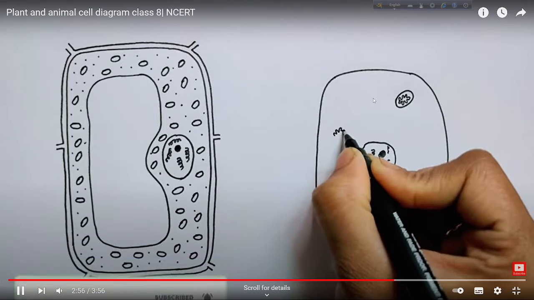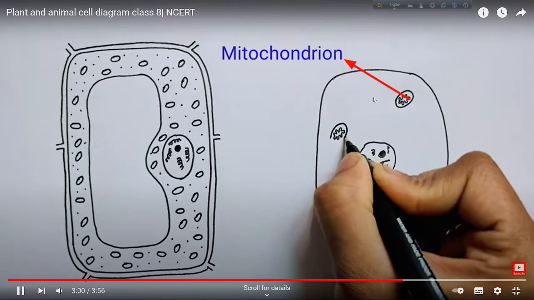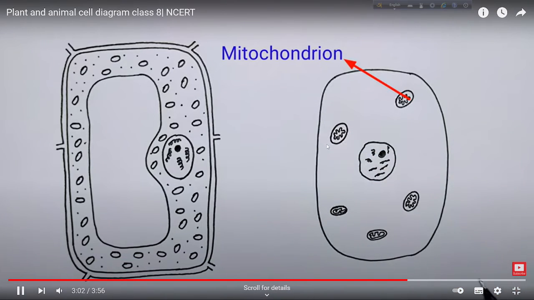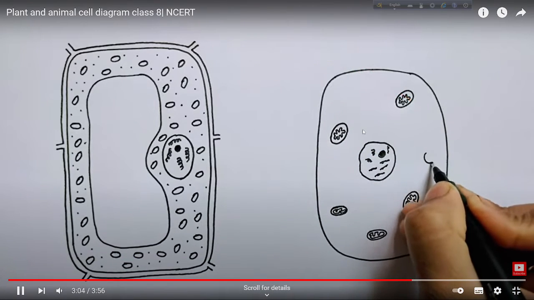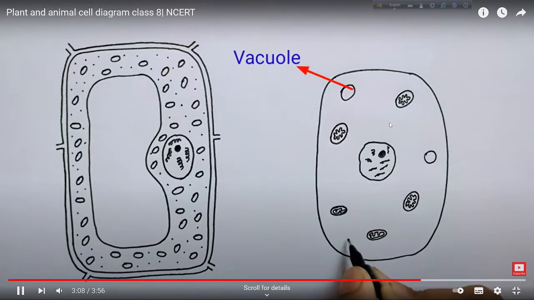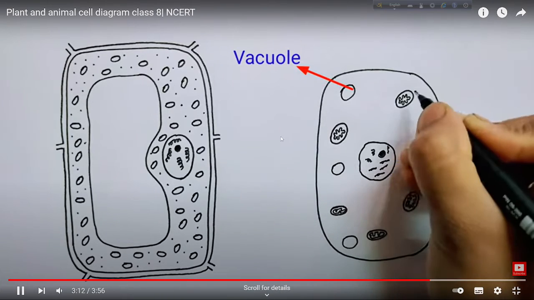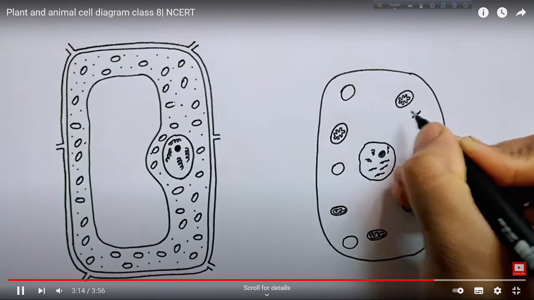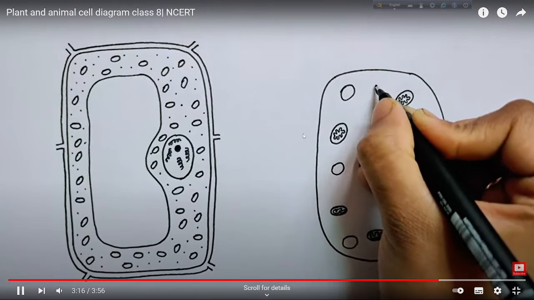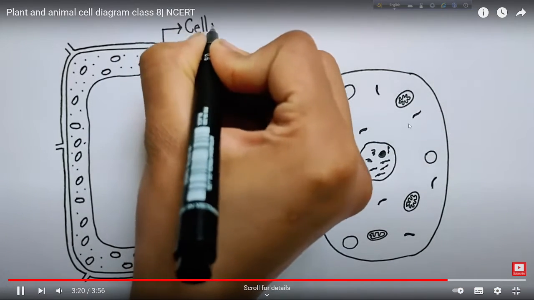Here we can also see some small vacuoles, and here we can also see the lysosome, centriole, etc. Usually in a plant cell there is no centriole, and in an animal cell there is no chloroplast.